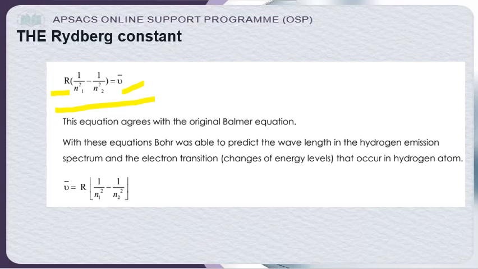The number of waves passing per unit length, that is termed as the wave number, right? So remember it, this formula you have to apply if you are asked, आपको कहा जाए कि जी Lyman series की जो first line है उसका आपने कैलकुलेट करके दें वेव नंबर, तो how will you do that?